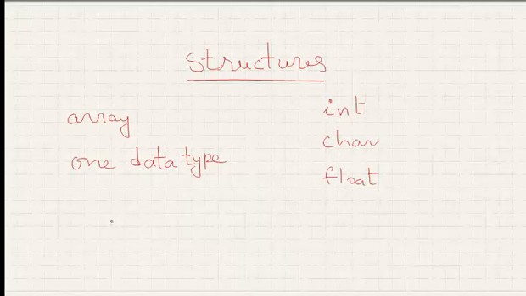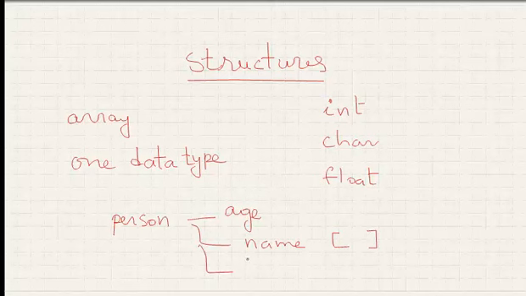For instance, you have a person variable to store, let's say, age as an integer, and let's say name as an array of strings or array of characters. And maybe his height also, right? Height in float. So you have these different kinds of data, and you want to store that in one variable.